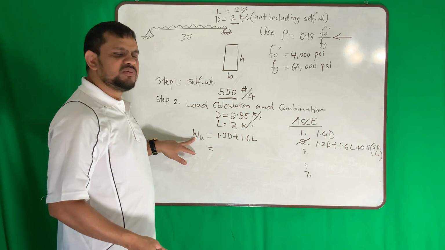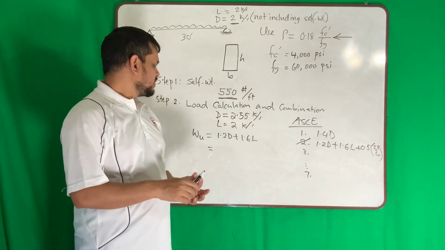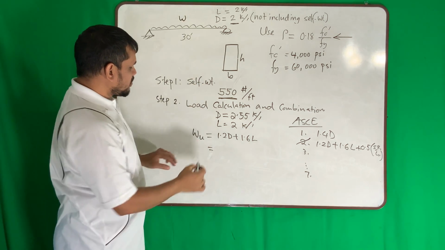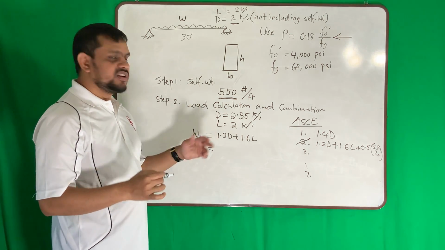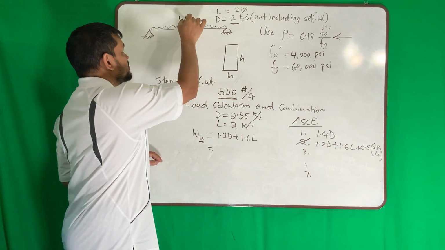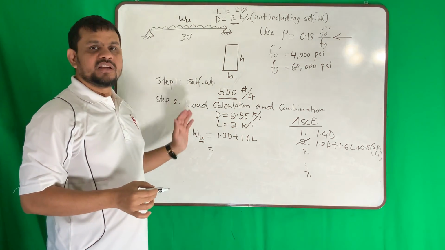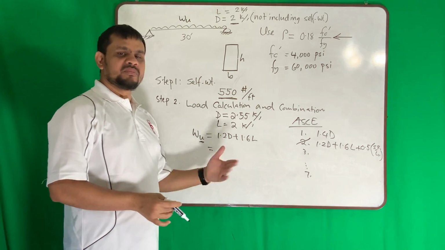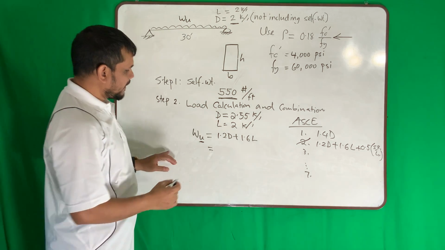What is wu? U is ultimate. By u we mean ultimate, which means already factored. And w represents uniformly distributed load. Who told it? Nobody. It is a common practice. Over the years, people are using this symbol.